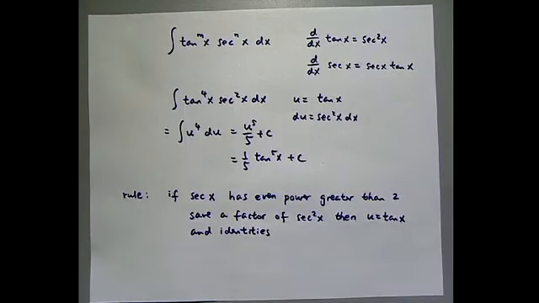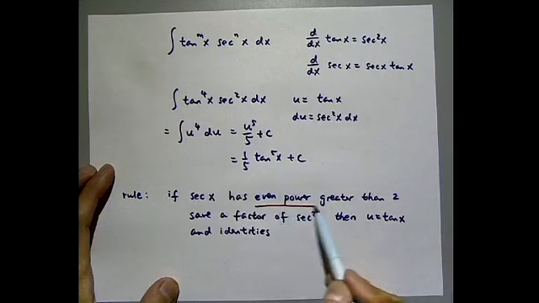So you save one factor of secant squared, and then you use u equal to tangent, and then identities to do the rest.